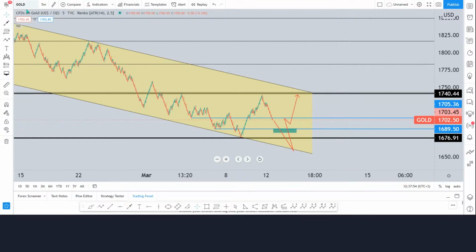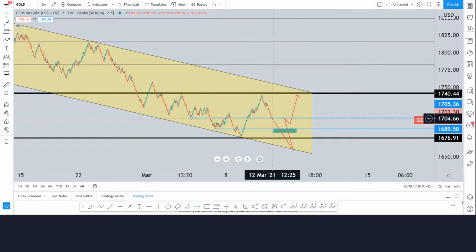What was the latest high we have? This point is too late. We have now a corrective wave for the gold.